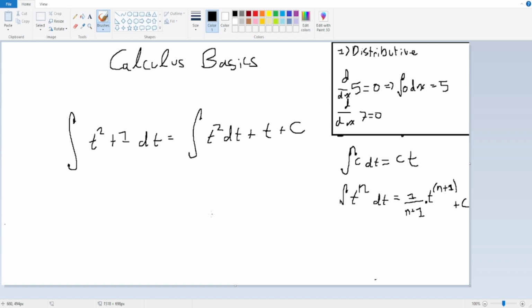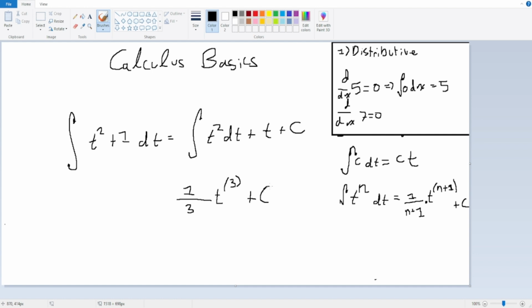What our formula tells us is that the integral of t squared is 1 over n plus 1, so 2 plus 1 is 3, times our parameter t to the power of n plus 1. N plus 1 is 3. Don't forget the plus c.